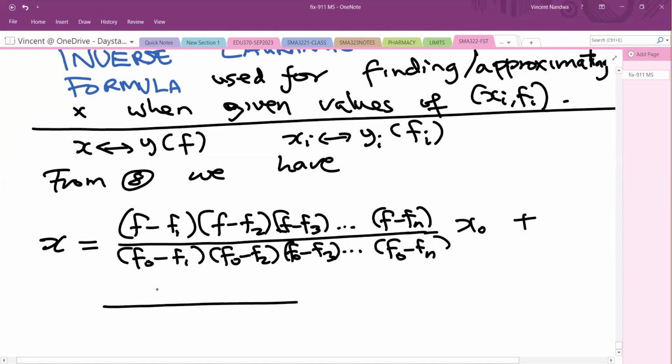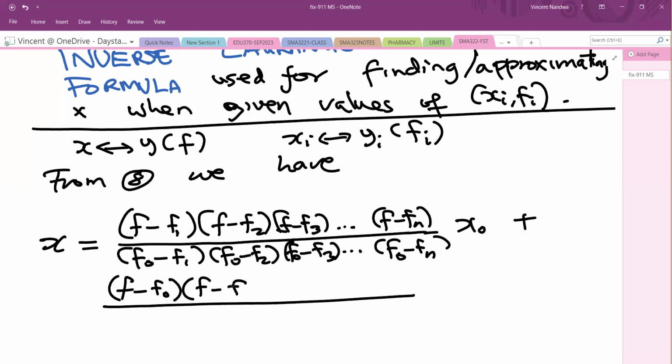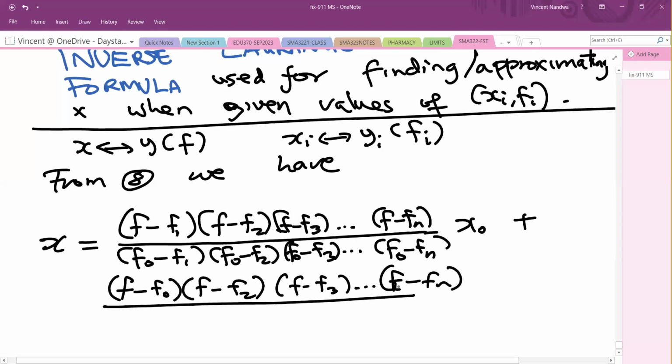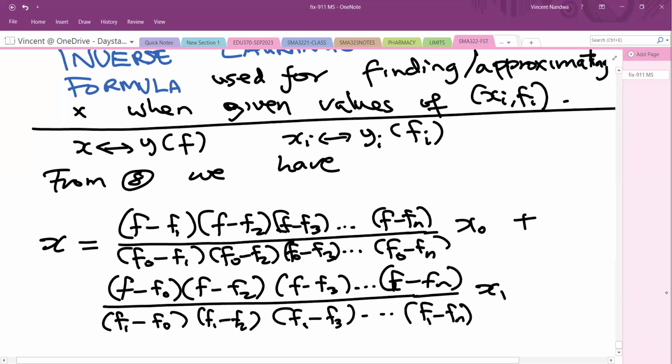plus f minus f naught, f minus f2, f minus f3, all the way up to f minus fn, multiplied by x1, divided by f1 minus f naught, f1 minus f2, f1 minus f3, all the way up to f1 minus fn.